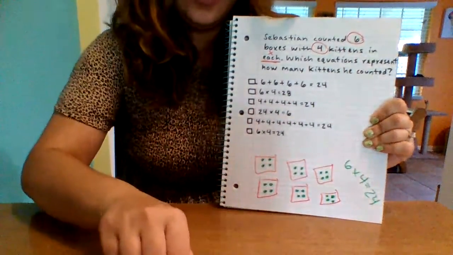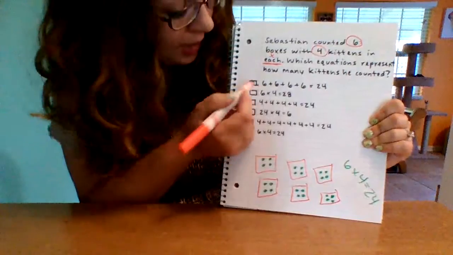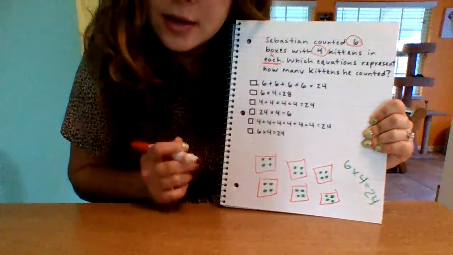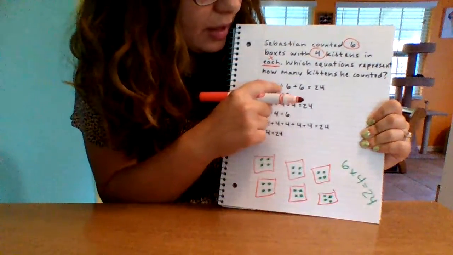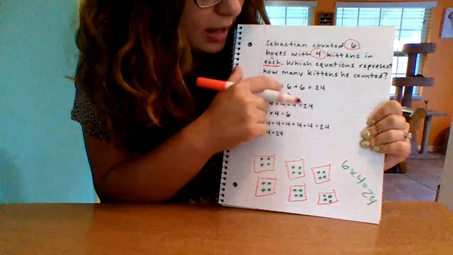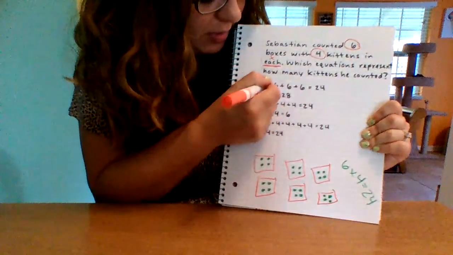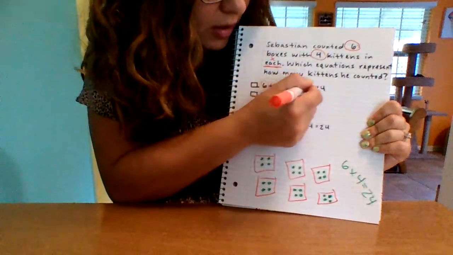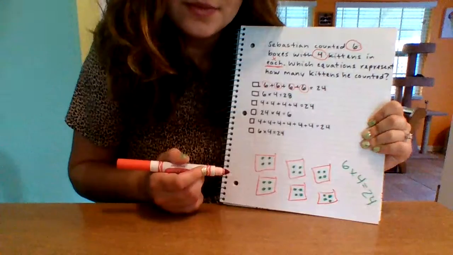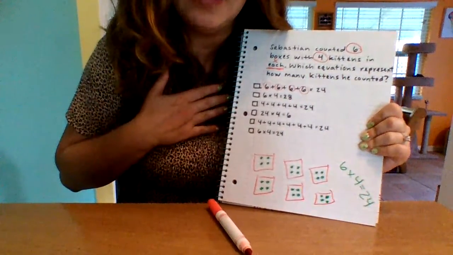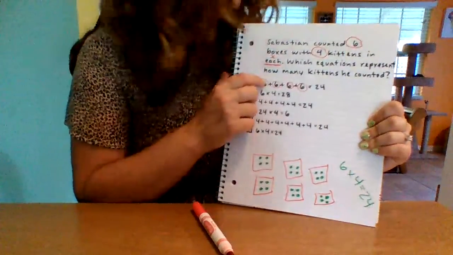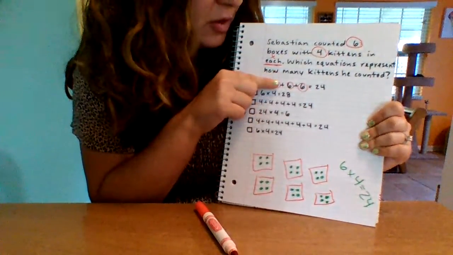So let's take a look at this very first answer that they give us. 6 plus 6 plus 6 plus 6 equals 24. You know what that looks like with all those plus signs? I'm pretty sure that's repeated addition. Do you think adding 6, 4 times, is the same thing as 24? Yeah, 6 times 4 is the same thing as 6 plus 6 plus 6 plus 6, and you can check your work. You know 6 plus 6 is 12 because you know your doubles.